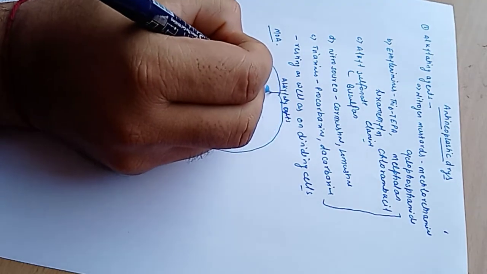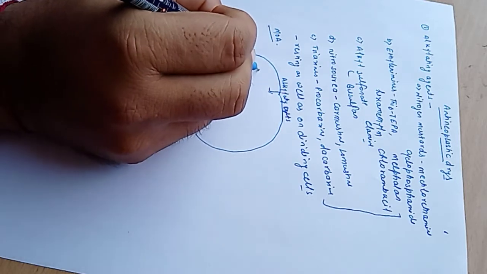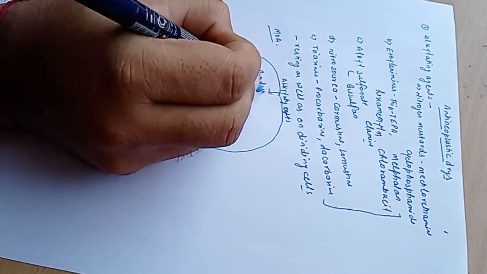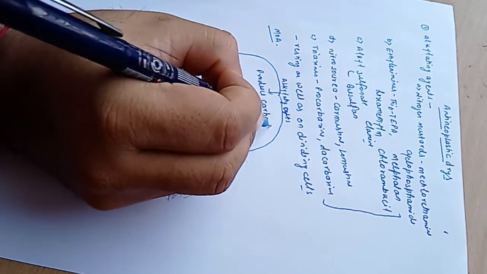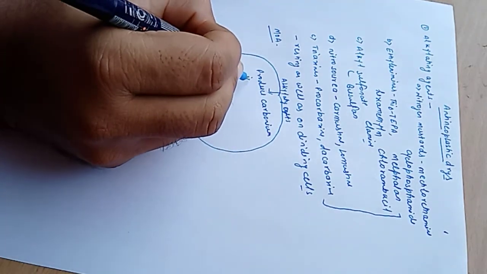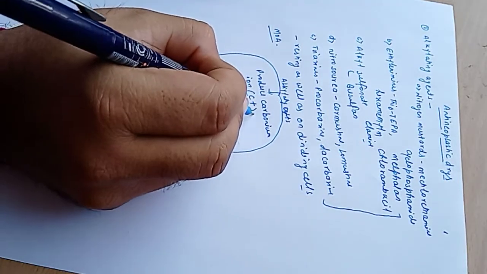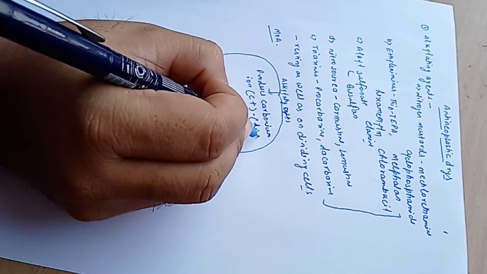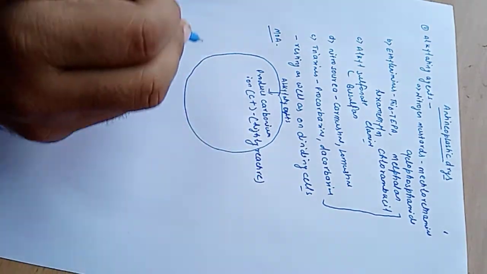Alkylating agents cross the cell membranes, and inside the cells they produce carbonium ion, that is a C positive, and this carbonium ion is highly reactive, right?